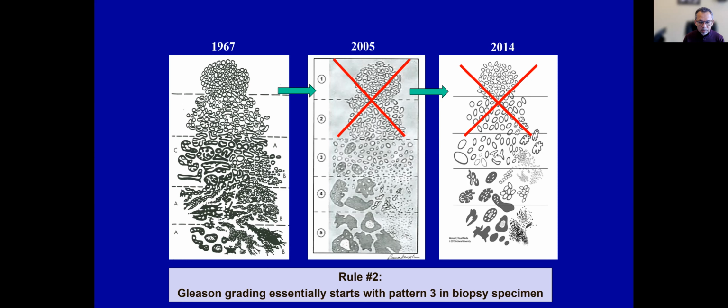So in modern times, we do not use grade 1 or grade 2 in contemporary practice of prostate needle biopsy reporting or analysis. Rule number 2 is that Gleason grading essentially starts with pattern 3 in biopsy specimens. Grade 1 and 2 you can rarely use in transurethral specimens or radical prostatectomy specimens where you have the whole tumor to look at. But due to its misleading implications, we do not want to use grade 1 or 2 in the prostate biopsy setting.